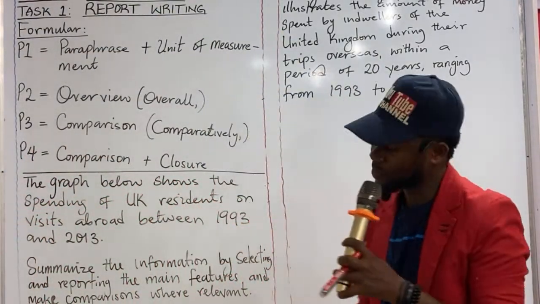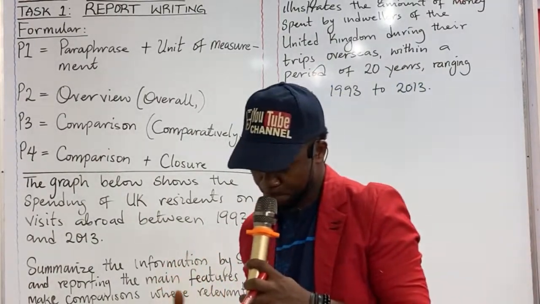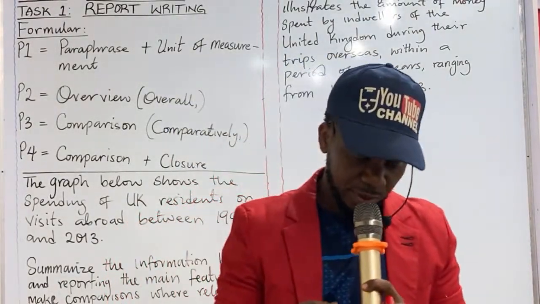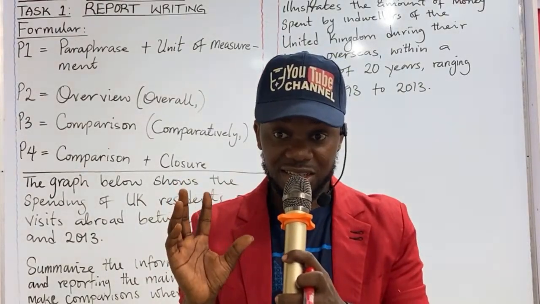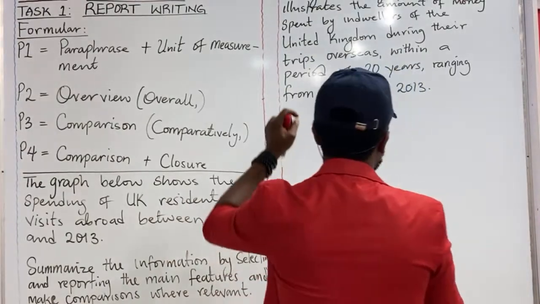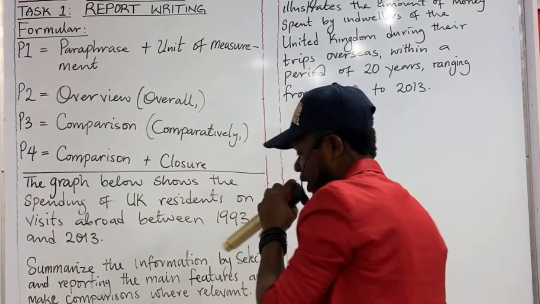Now, when you have a question, whatever it is, look intently on the question paper, because the unit of measurement is not always written boldly. It's just hidden somewhere. You can find it either at the top left-hand side of the chart or at the bottom part of the chart.